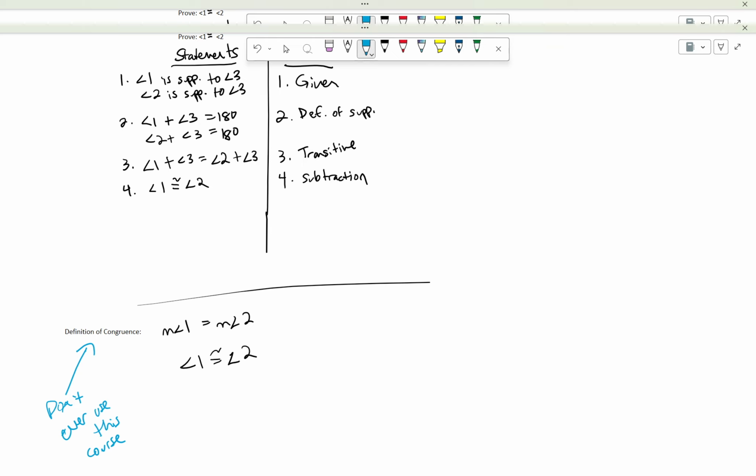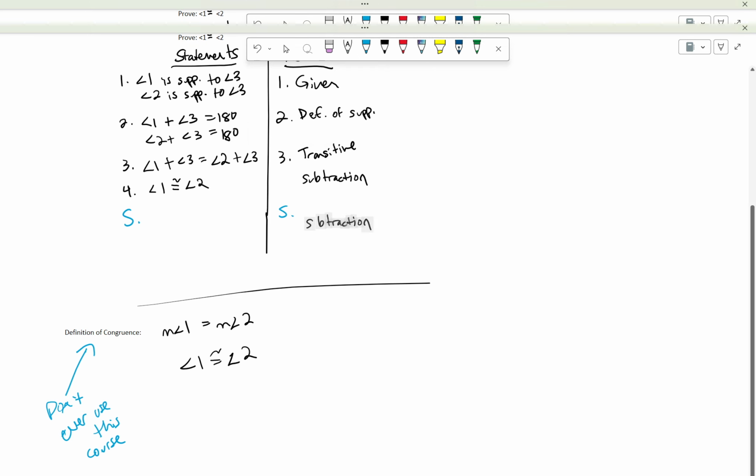What I should have here, and I'll show you guys, is an additional step. I'm going to move this guy. Let's move the subtraction down here. Oops, it didn't take the U with it.